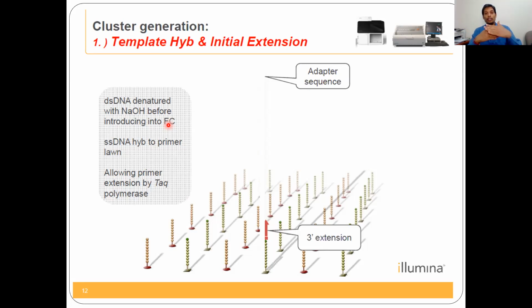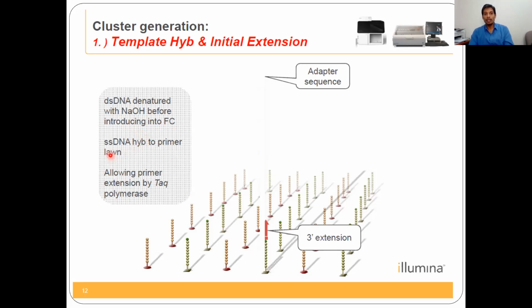Denaturing is nothing but disturbing the hydrogen bonds between the two strands. Heat is one way, but there are different ways. Some chemicals also denature double-stranded DNA. Here we are using a chemical: sodium hydroxide can denature the double-stranded DNA into single-stranded DNA, and you inject that sample through the flow cell.